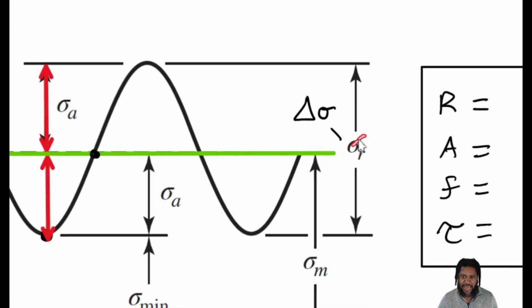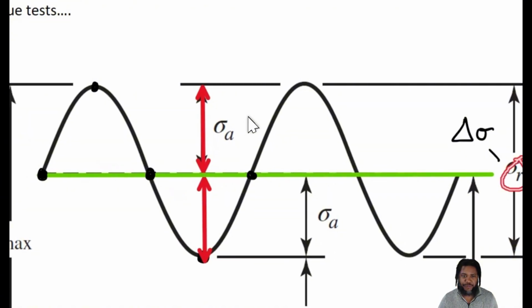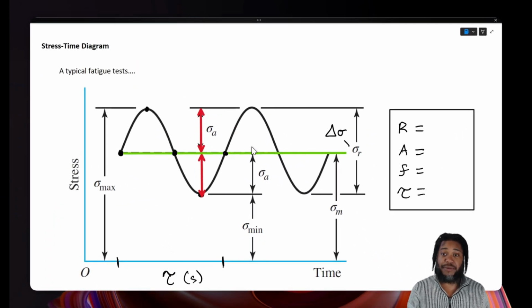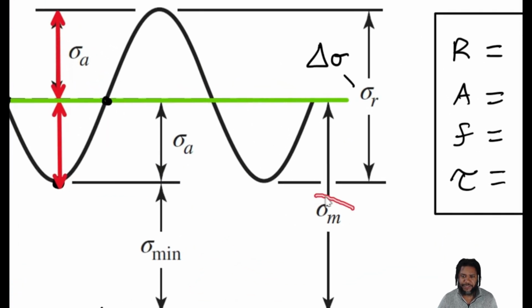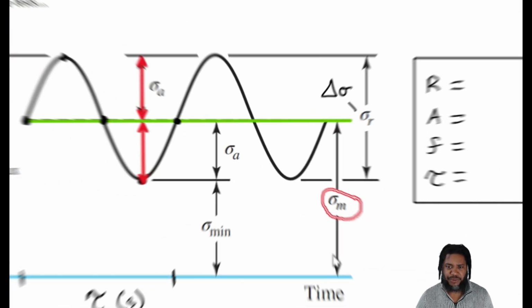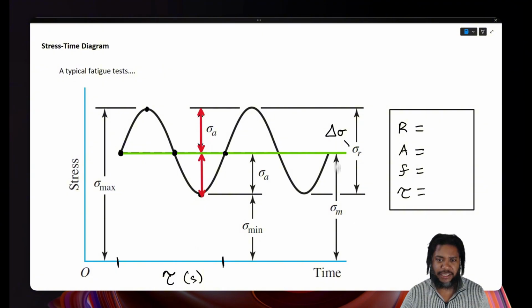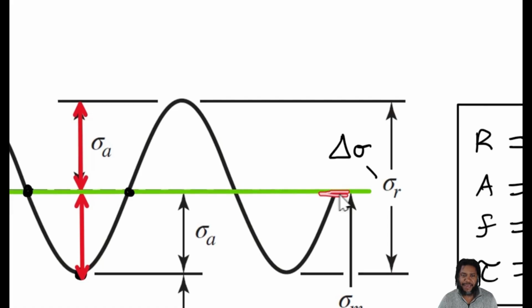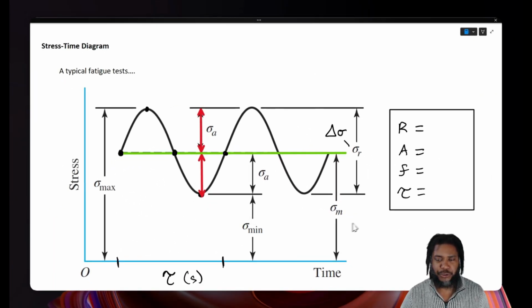If we take half of that range, we find our stress amplitude, which is the parameter that we use to assess against the cycles to failure. So the S in S-N is that amplitude. Then our final stress value to be concerned with is the mean stress, which is the average stress from our zero line to the average value of our curve, right?